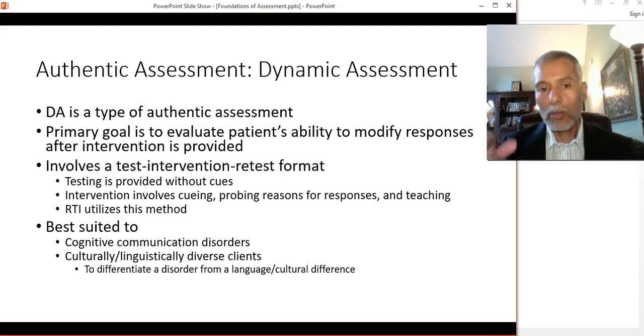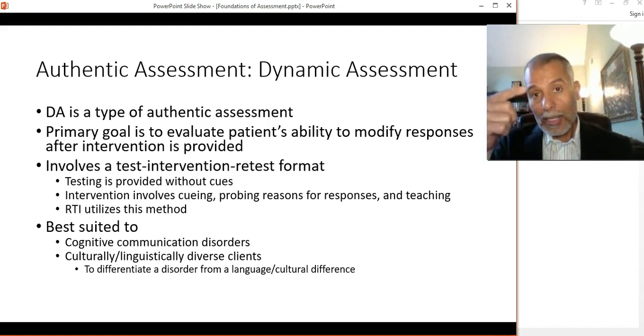So the first thing to do is you test them, and right after the session, or maybe the week after, you look at the items that they didn't do well in, and identify patterns of errors, and then say, okay, the patient has difficulties in these areas.